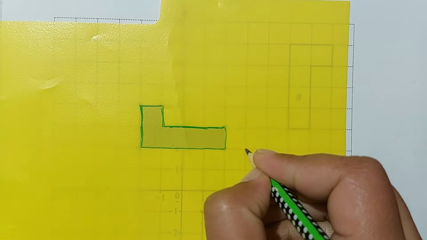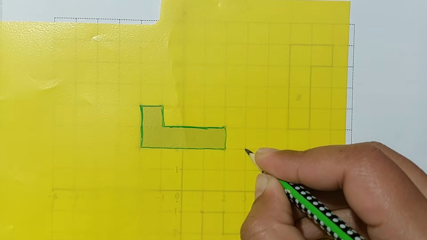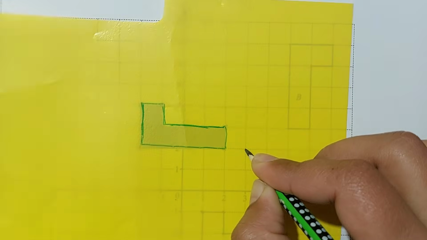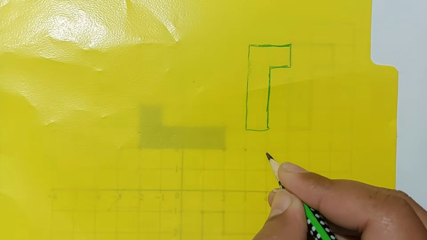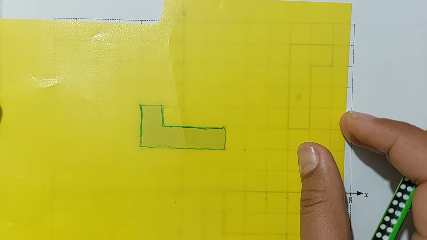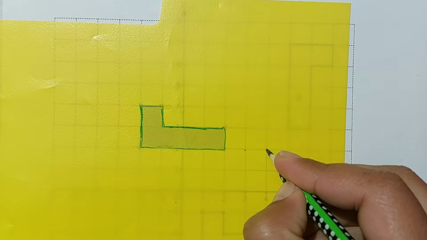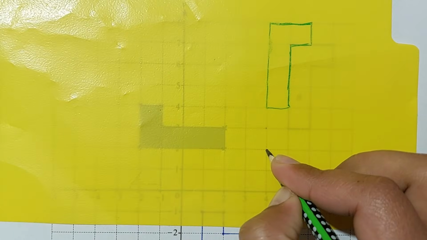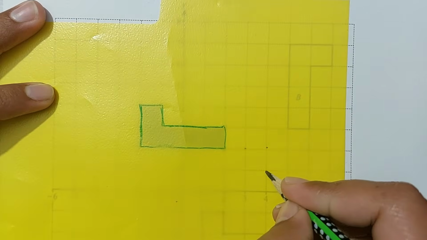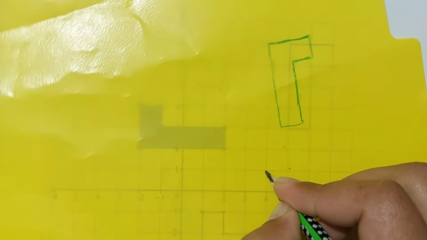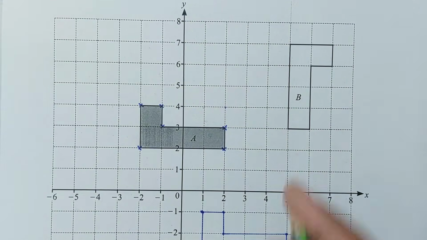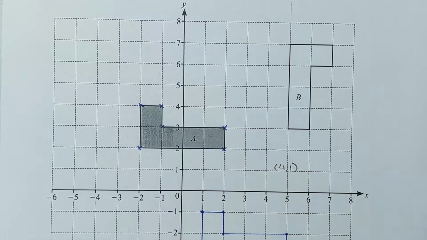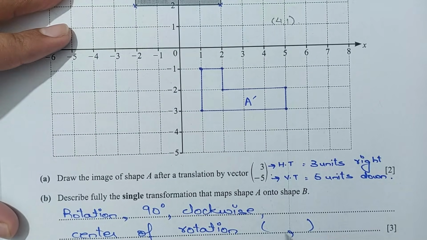Okay, so if I fix this, which is 3 and 2, x is 3 and y is 2 as a center, rotate 90-degree clockwise, it is not shape B. Okay, let me fix 4 and 2, it's up. Okay, let me fix 4 and 1, rotate 90-degree clockwise, we will get B. So this would be 4 and 1. You guys can see the center is 4 and 1.